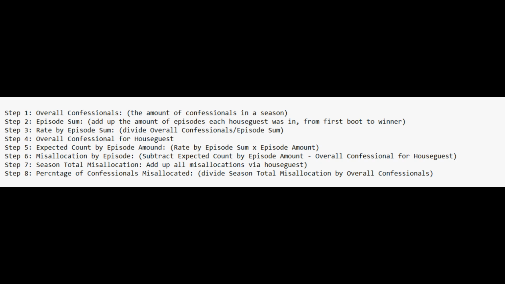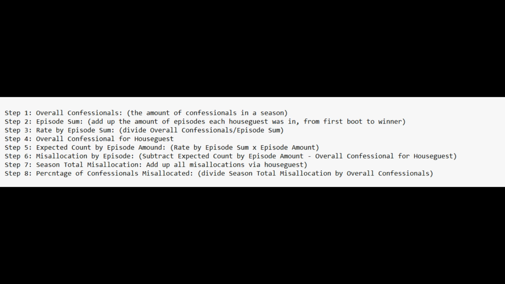This is just the rate by episode sum multiplied by the amount of episodes that the contestant was in. Justin was in 4 episodes, so I'll use the rate by episode sum times 4. That will show a number, and that number would be the amount of confessionals that they should have had had the edit been even.